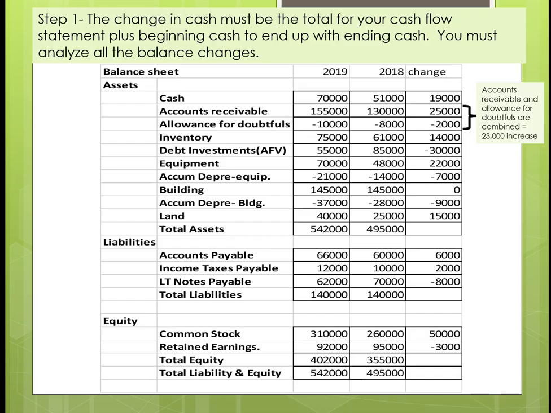So in this example, again, we would net those accounts receivable, and what we're trying to explain is this $19,000. So when we add up all of our changes from operations, investing, and financing activities in this example, they should equal $19,000.